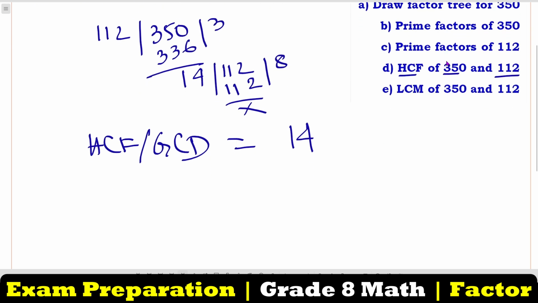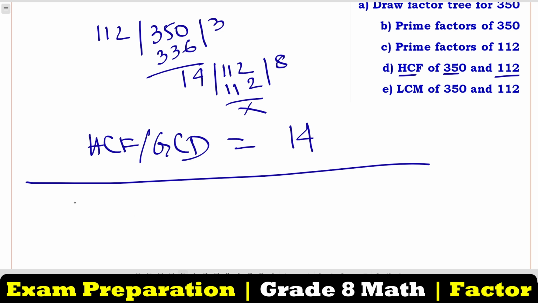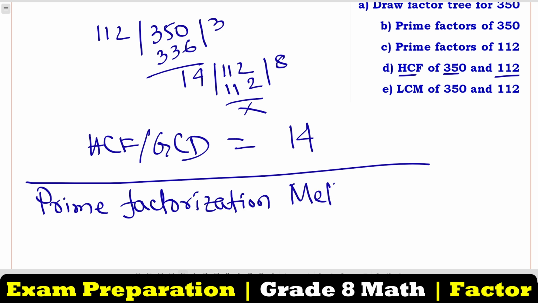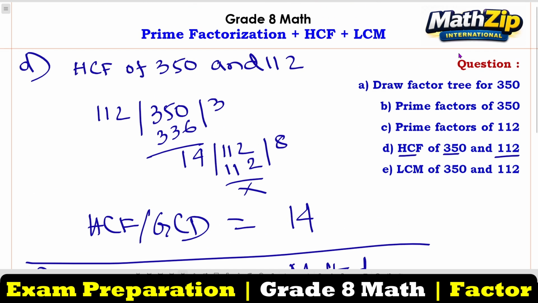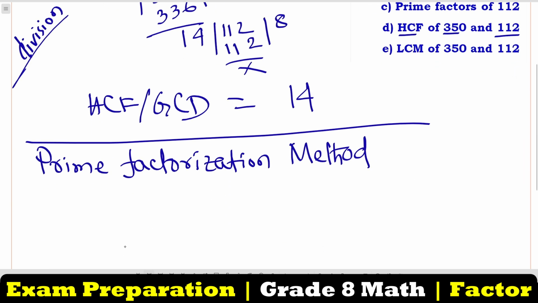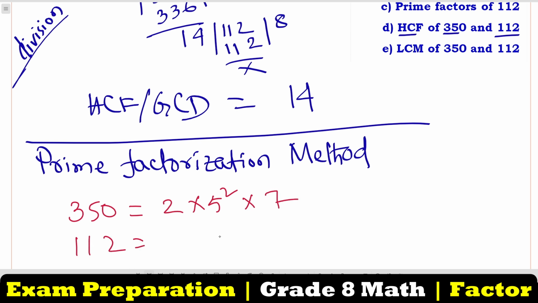Another way we can solve this is by the prime factorization method. The earlier one was the division method. For prime factorization, 350 is 2 times 5 squared times 7, and 112 is 2 to the power 4 times 7.